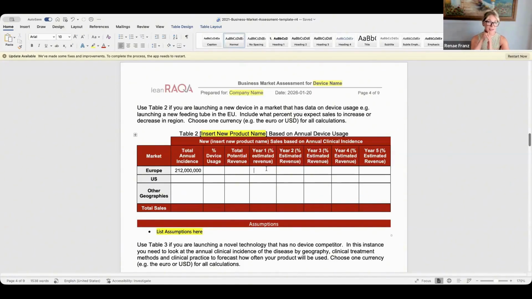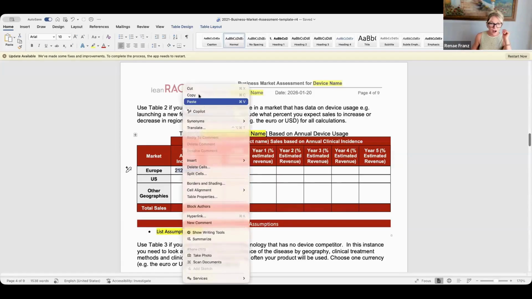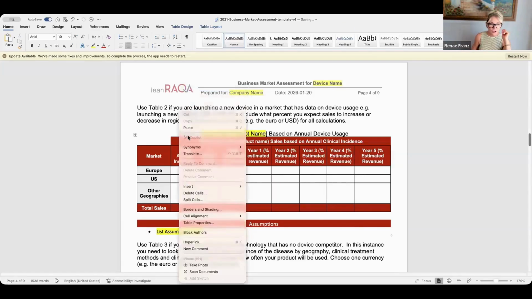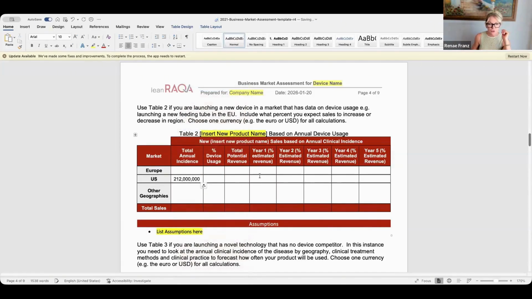So in this case, if it's a new feeding tube or a new IV set, and you know that you have, let's say, a less expensive product. Sorry, this should actually be down in the US column. Then what you would do is say, okay, I know year 1 is going to take us a while to get through value analysis, but we're less expensive, so maybe I'll have 5% market share.